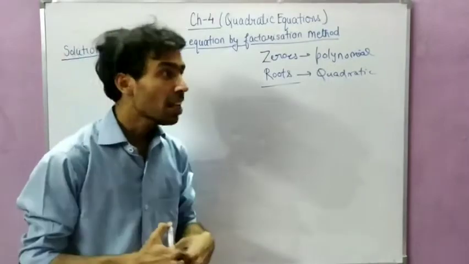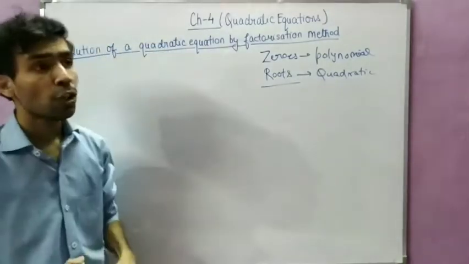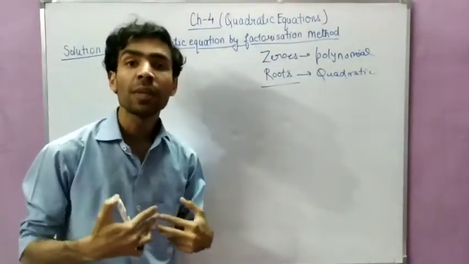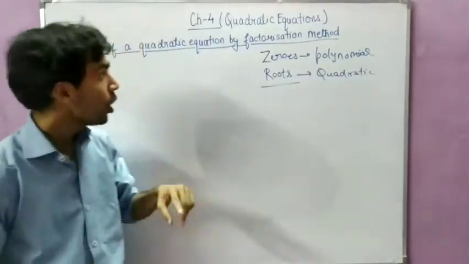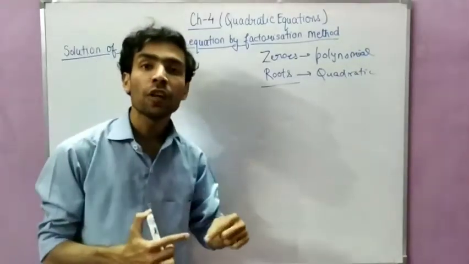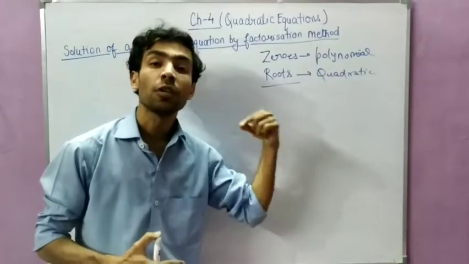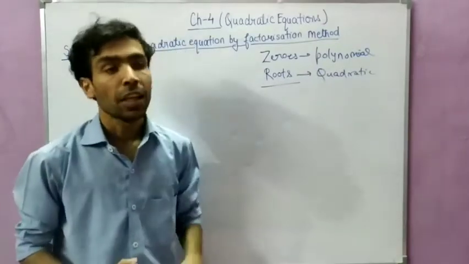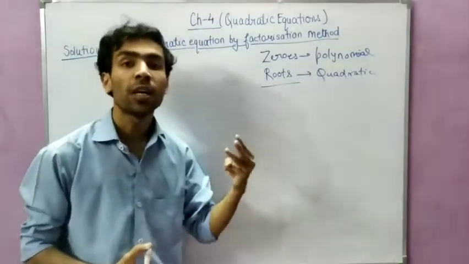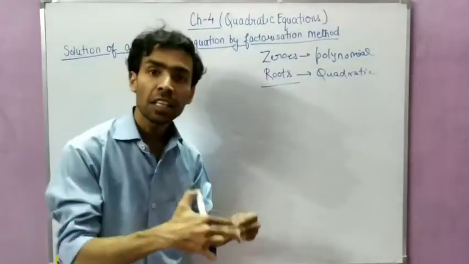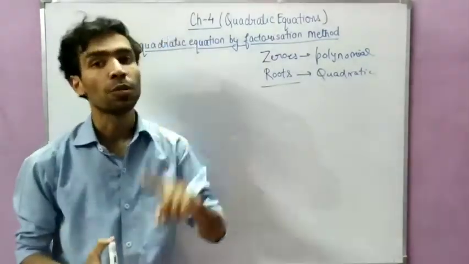Similarly, in a quadratic equation also, how many roots will be there? 2. Because whatever the degree of the equation, that many roots an equation can have. If it is a cubic equation, then it should have 3 roots. If it is a linear equation, it will have 1 root.